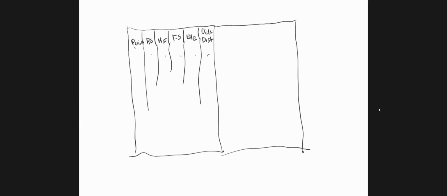So on the right side of the paper where you normally put your name here, just go ahead and draw another column. And label it station.